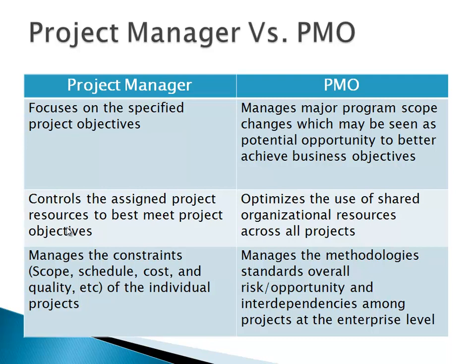The project manager controls the assigned project resources to best meet project objectives, while the PMO optimizes the use of these resources between the different projects. The project manager manages the constraints, which are the scope, schedule, cost, and quality of the individual projects, while the PMO manages the methodologies and standards, overall risk, opportunity, and interdependencies among these projects.